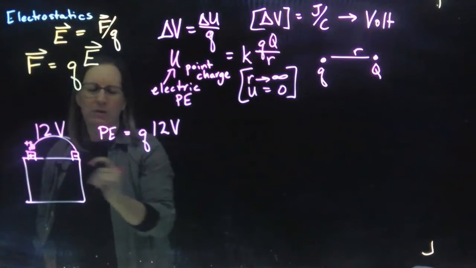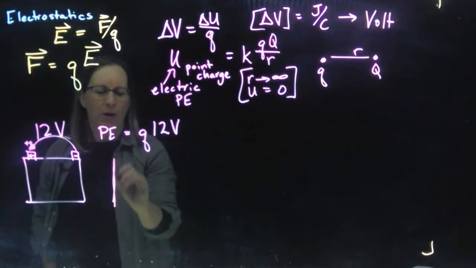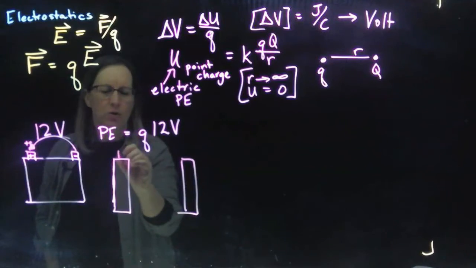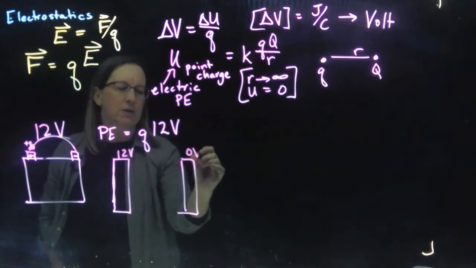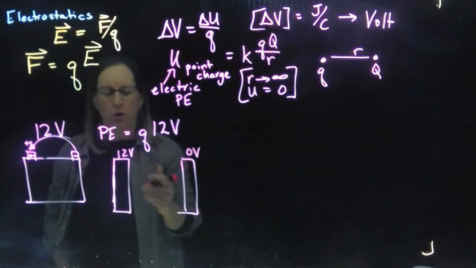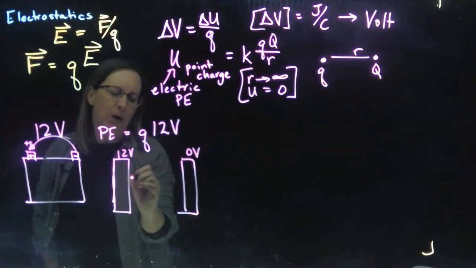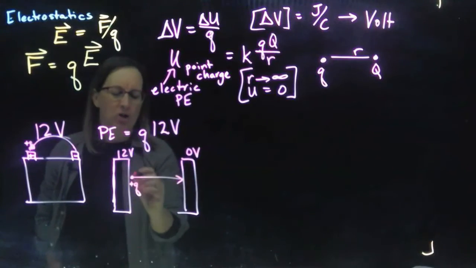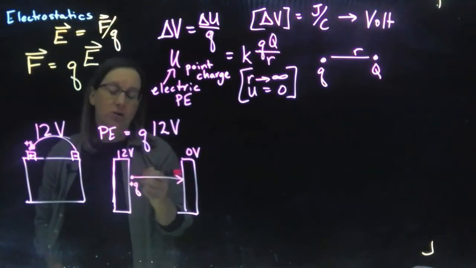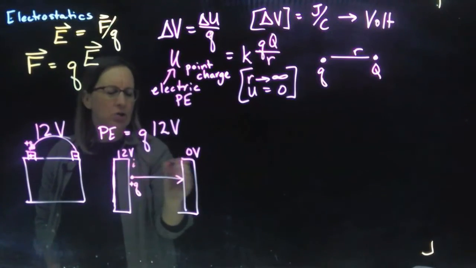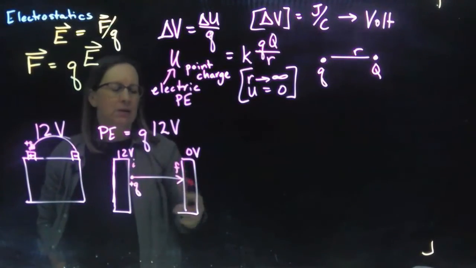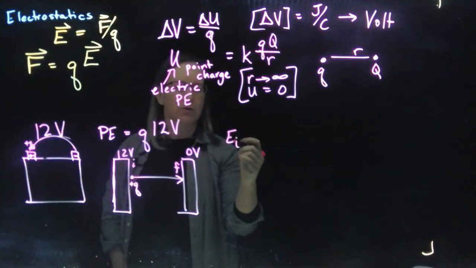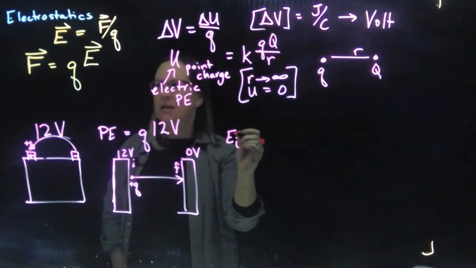The most common way of doing this is not really with a battery, but if I set up a situation where this is at 12 volts and this is 0, our reference point, often called ground, then we could set up our system where we have our plus charge, and it would head in this direction, and we could do energy conservation. We could say the initial energy is equal to the energy right before it hits this. So, energy, now not electric field, sorry, we've got bunches of E's running around.